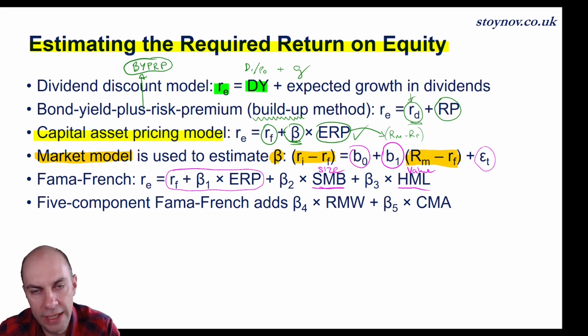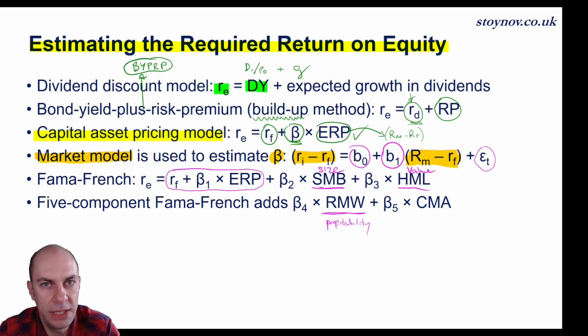And then if that's not enough, Fama and French then expanded the model into a 5-component model, so added 2 more factors. Now, you might not have seen these factors before, so just learn them now. RMW, robust minus weak. This is a profitability factor.